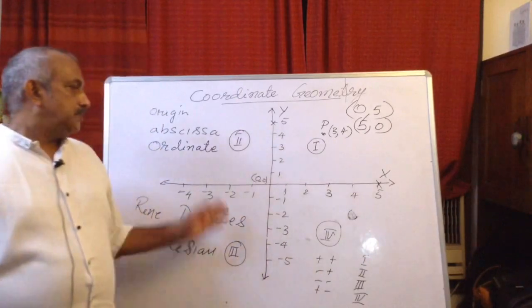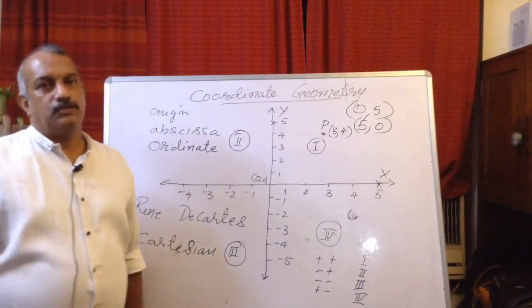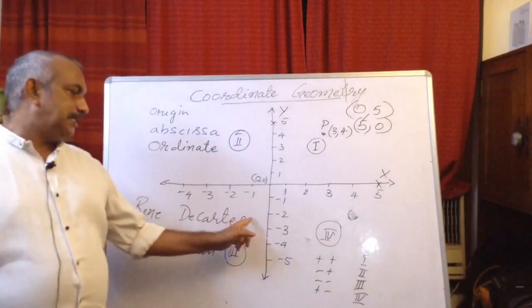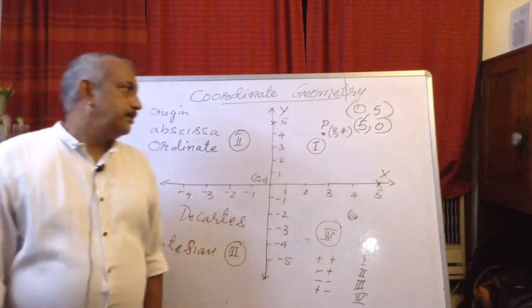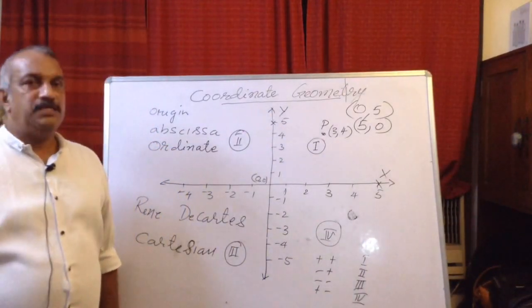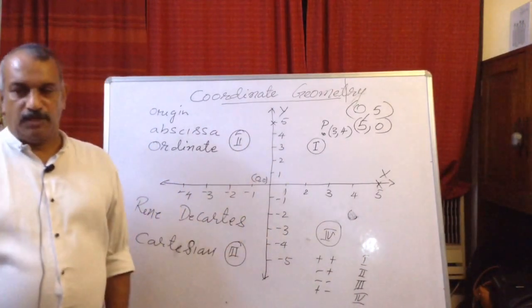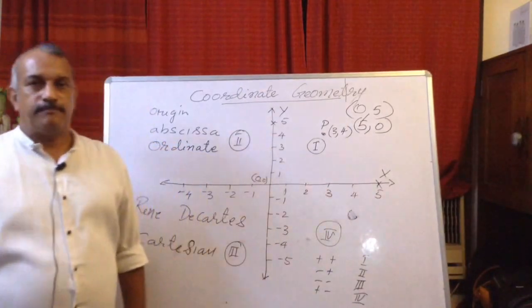A plane with x and y-axis is also called the Cartesian plane, named after the mathematician who discovered it. So the question can say, on a Cartesian plane, plot the points, instead of saying draw the x-axis, y-axis and plot the points.